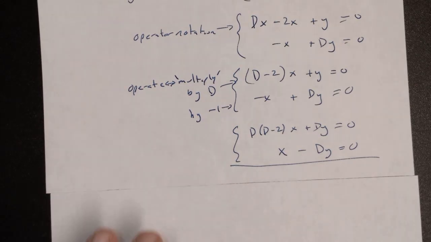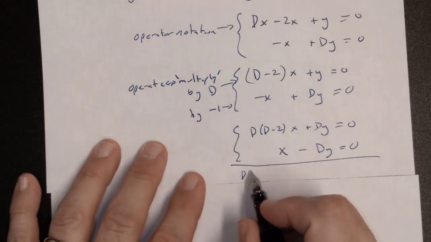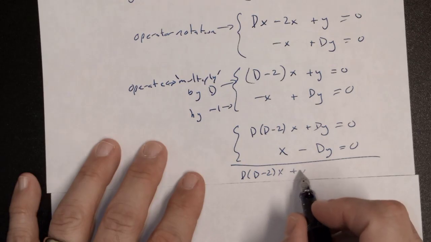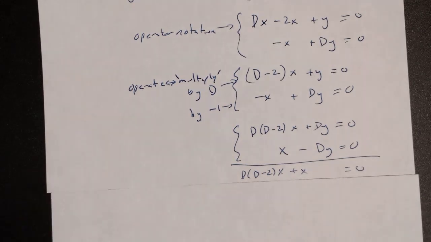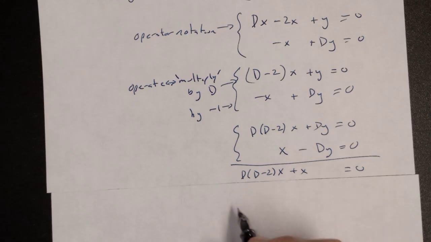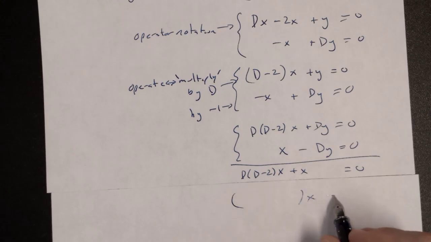Well, you get d minus 2x minus plus x equals 0. And if Jalen, if I do exactly what you suggested, excuse me, and I write that as d squared minus 2d, there's also this other x, isn't there? If I factor that x out, what's inside that set of parentheses?